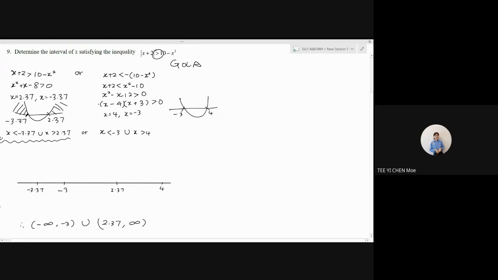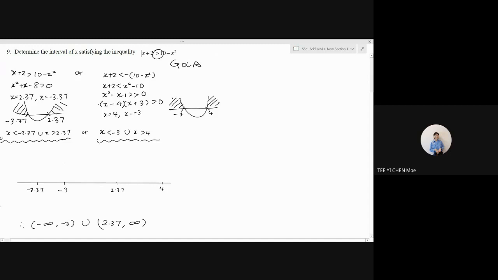And the same also, draw this graph and shade the upper part since it's greater than 0. Okay, and it's smiley face because same also the coefficient here is positive. Okay, and from here we get that x is less than negative 3 union x is greater than 4.